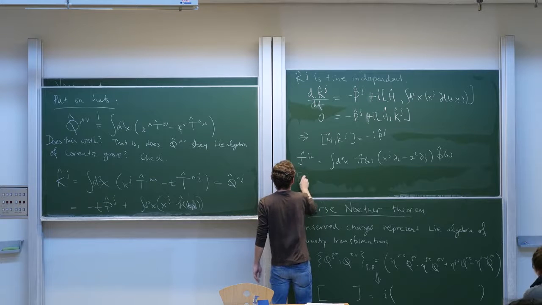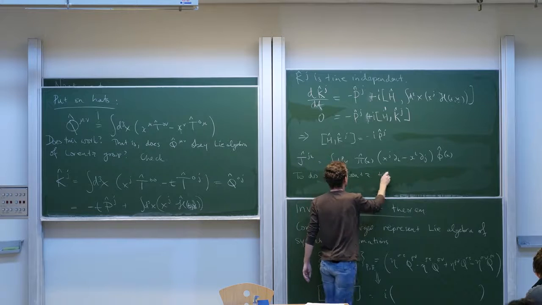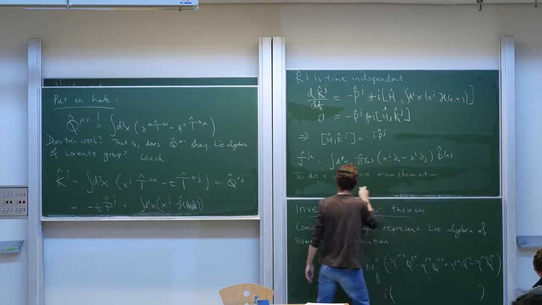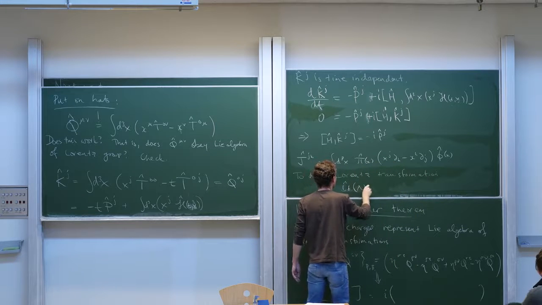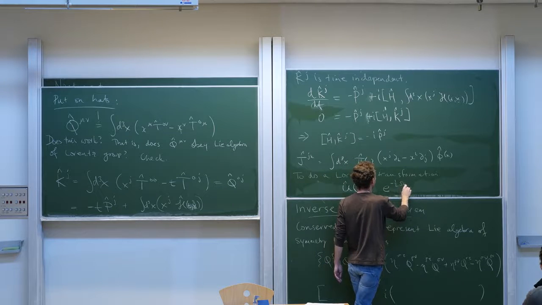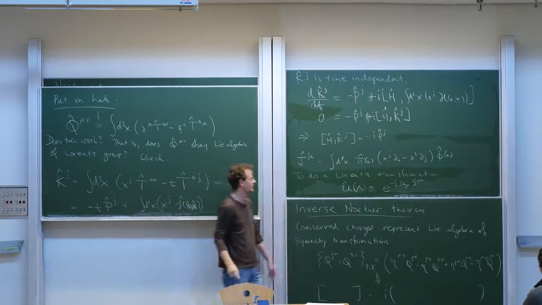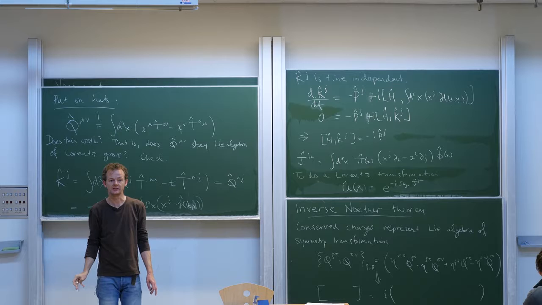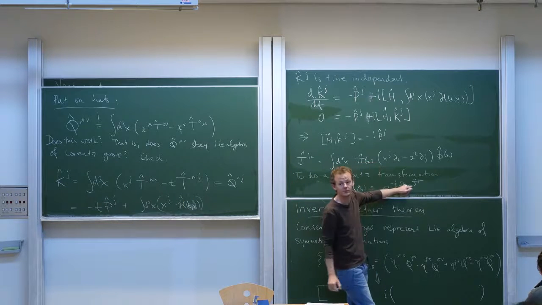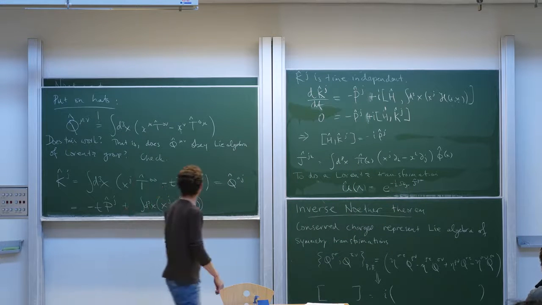So to finally do a Lorentz transformation on our Hilbert space, we take these operators, we put some parameters in front of them, and we exponentiate them.